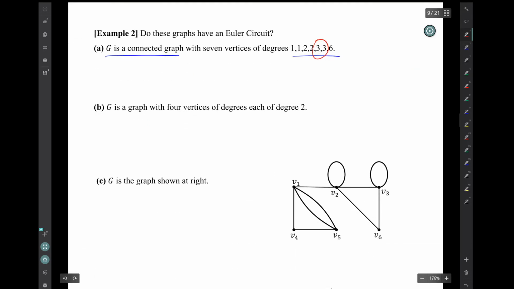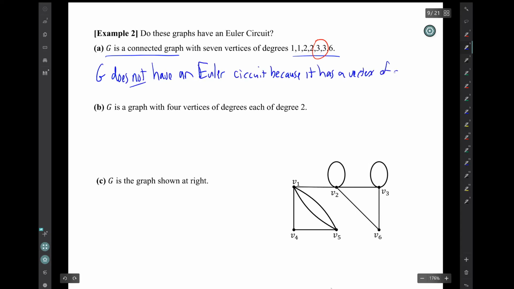So the answer is G does not have an Euler circuit because it has a vertex with odd degree. Question B. Suppose G is a graph with 4 vertices, each of degree 2. Does the graph have an Euler circuit? Well, it might seem like the answer is yes.